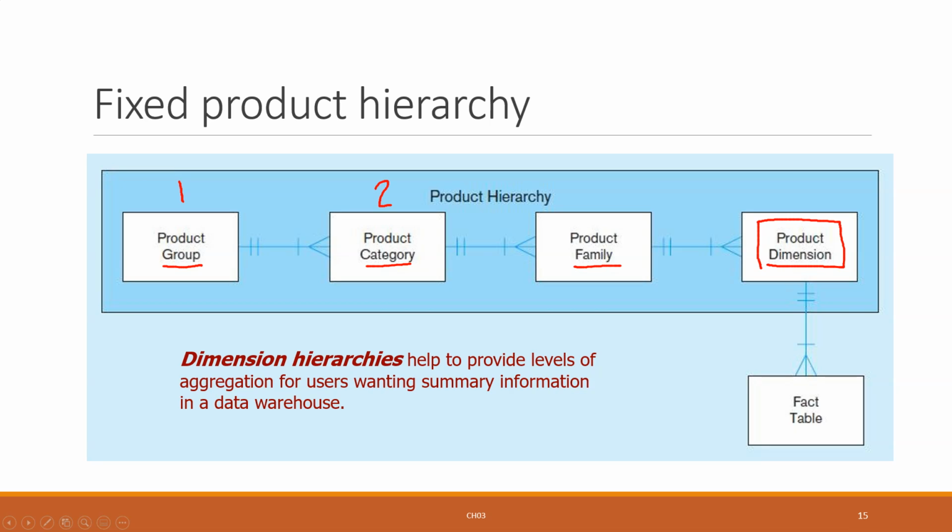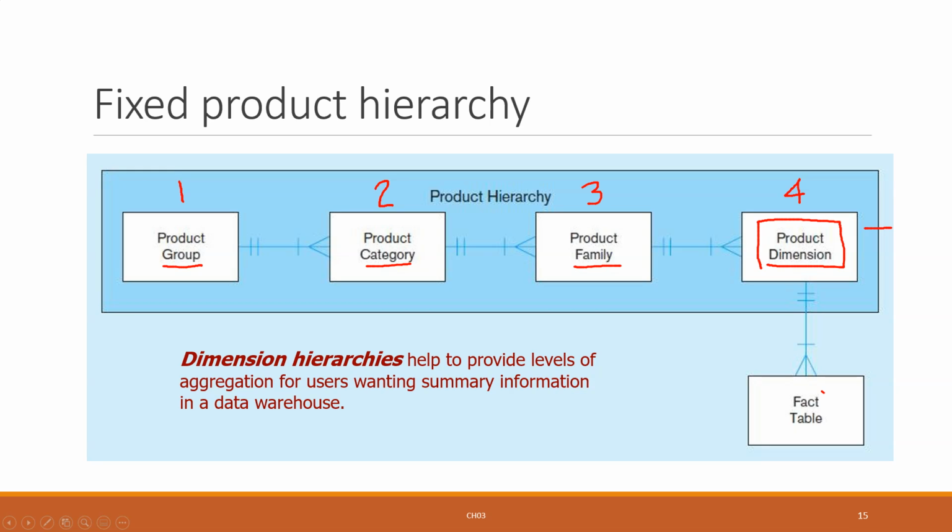The category would be at the 2nd level, family would be the 3rd, and the 4th, the lowest level, would be the product itself. So this one might actually be, let's say, a wooden figurine of Jabba the Hutt. Well, the family might be Star Wars, the category might be wood, and then the group might be toys. Okay, so this creates a hierarchy. And this is a typical way of how it's modeled.